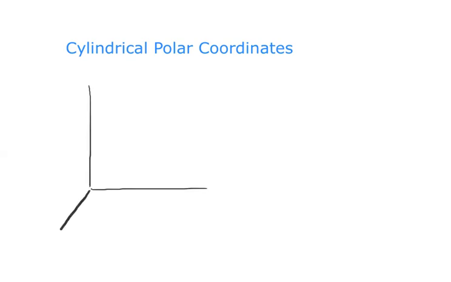So I'll start out again. I'll draw my coordinate system. And there's some point in space given by a vector. And I don't want to express this in Cartesian coordinates. I want to express this in polar coordinates. So what am I doing?